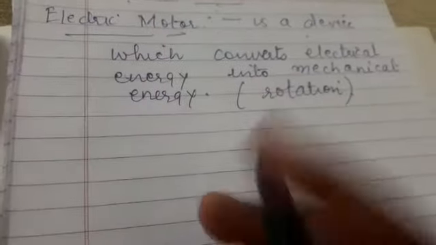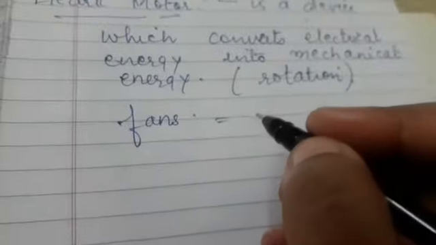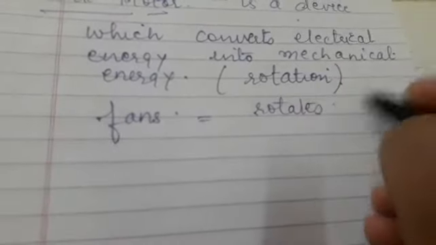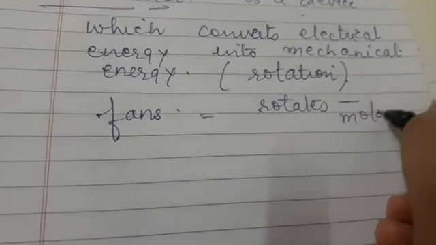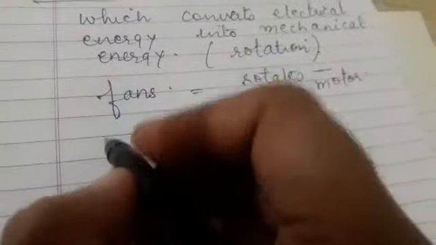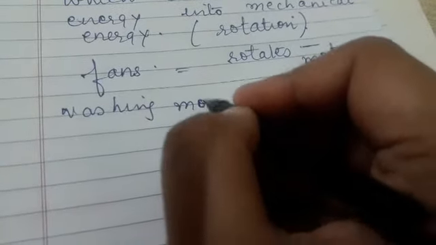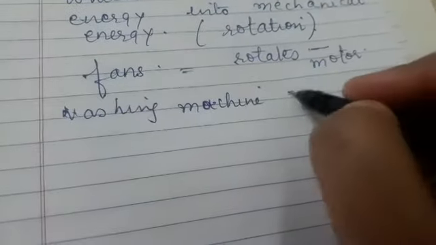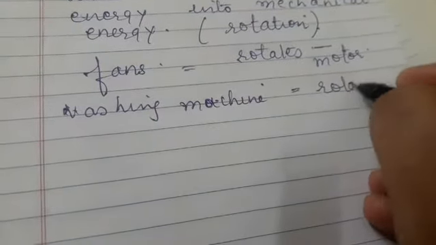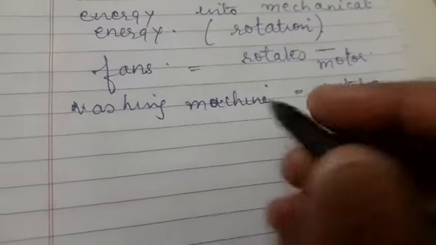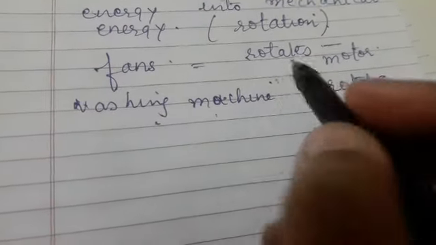Now we can see some examples, like when you switch on any fan, you know that it rotates, right? Why? Because it has a motor fitted inside it. Similarly, in a washing machine, when the washing machine is used, the motor rotates, right? So this also has a motor inside it.